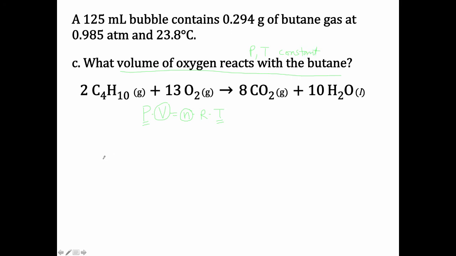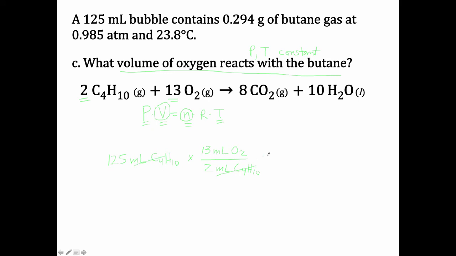And what that then means is if we're trying to determine the volume of oxygen that reacts with the butane, we can simply say we have 125 milliliters of butane, C4H10, and the 125 milliliters of butane reacts with oxygen in a 13 milliliter of oxygen to 2 milliliter of butane ratio, because it's the same ratio, 2 to 13, as moles, because volume and moles are directly proportional to each other.